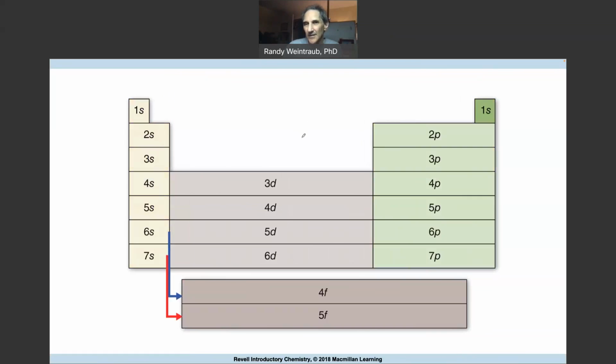Understanding the organization of the periodic table also makes it unnecessary to memorize the filling sequence of the sublevels. With a glance at the periodic table, you should be able to tell the sequence in which the sublevels fill.